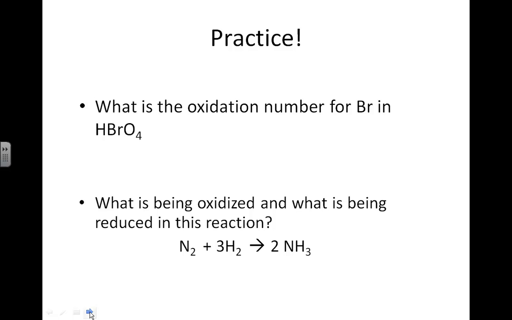So going from 0 to 1+ is getting more positive, which means it's getting oxidized. Whereas the nitrogen, going from 0 to 3-, since it's going down the number line, it's getting reduced.